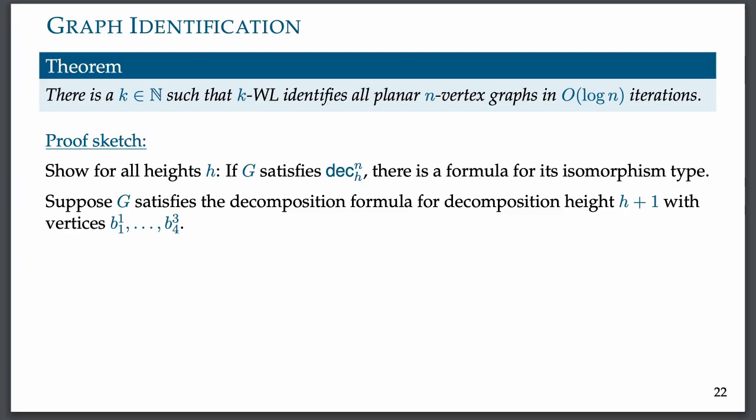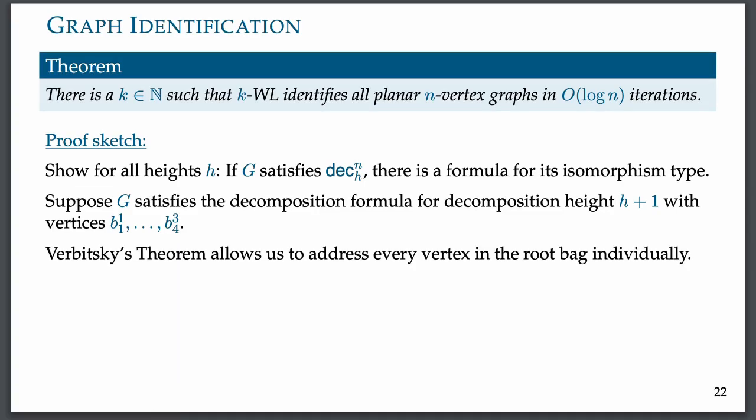So G has a tree decomposition with the desired properties of height h plus 1. Then we introduce 12 variables with nested quantifiers for the 12 vertices that we fix in the root bag to canonize it or to define its isomorphism type via Verbitsky's theorem. And then the theorem also gives us a way to address every vertex in the root bag individually via its formula.